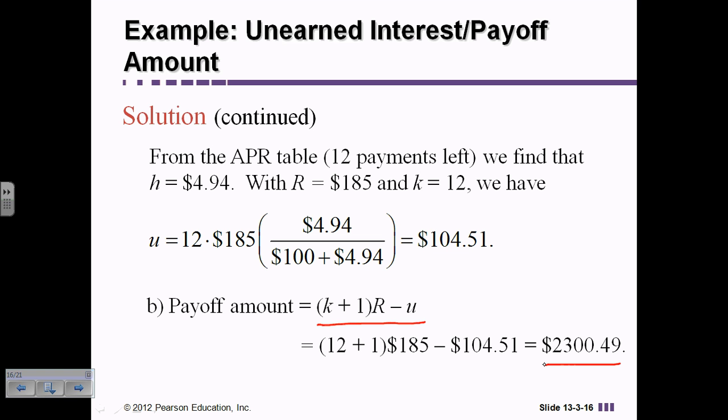Well, they didn't actually tell you how much you borrowed. You borrowed a certain amount of money and paid it off early, so how much is left on the loan will be $2,300.49.